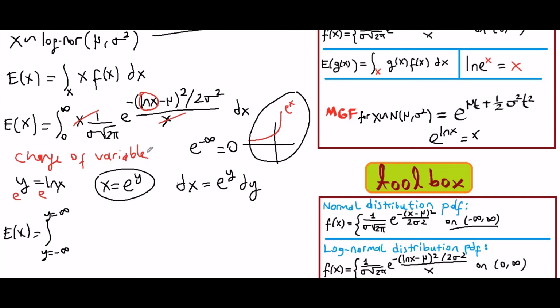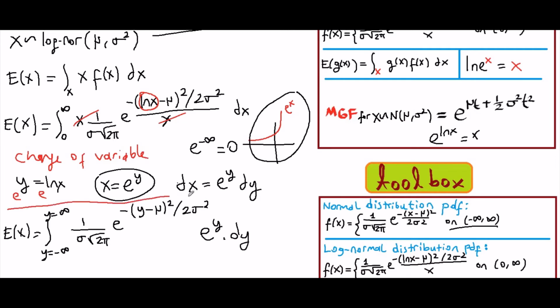Now let's rewrite everything in terms of y. We have 1 over sigma times square root of 2 pi, e to the negative, instead of ln of x, we're going to use y minus mu, the quantity squared, divided by 2 sigma squared. And instead of the x here, we're going to write e to the y times dy. So this is what we obtain at the final step.